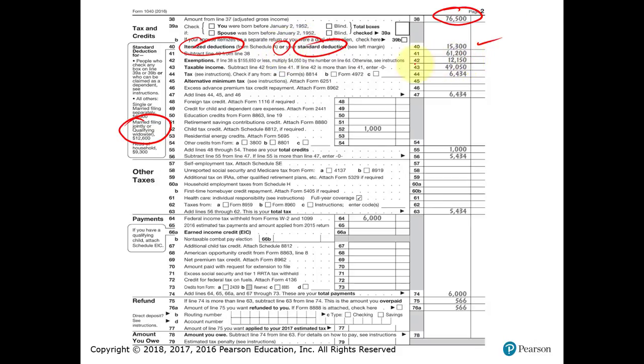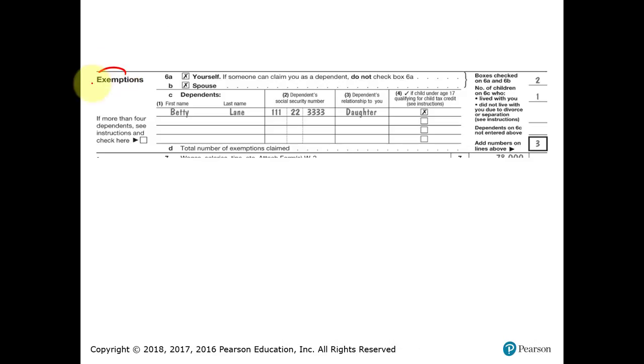Then we also subtract out exemptions. So here's the people deductions. So if you go back to the front of the 1040 form, there's a section for exemptions. We have two personal exemptions for the taxpayer and spouse, and we have one for their dependent daughter. So a total of three exemptions.